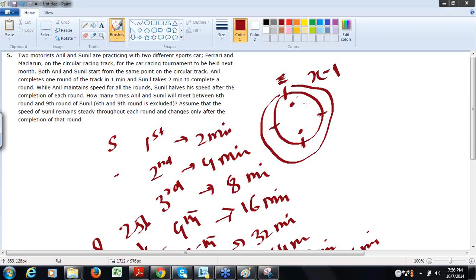So that means if it is 128 minutes it is taking, so it has to meet 127 times. Got it, or still has a problem? If you have any issue with this, just take small numbers and try to calculate yourself. You will get it. We have to exclude the initial meetings.